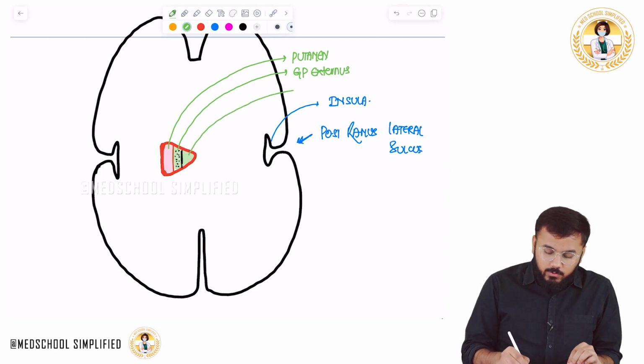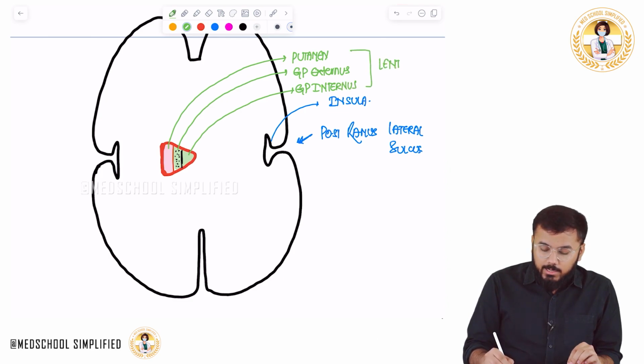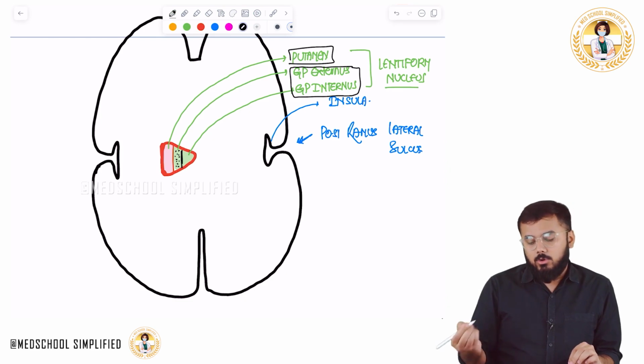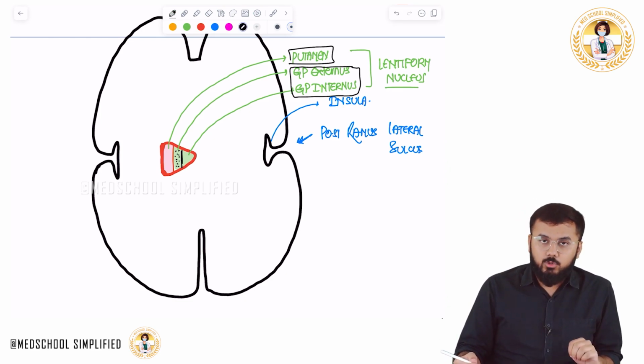And this one over here is your globus pallidus internus. Together you call it the lentiform nucleus, which has two important structures, putamen and globus pallidus, and globus pallidus has externus and internus. So this is the thing which you know.